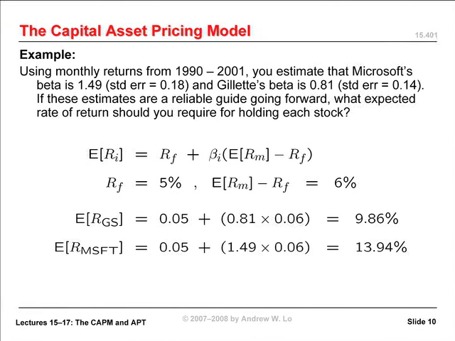And if historically the risk premium, as I told you last time, is about 6%, then when you do the calculations using the security market line, you get a very sharp answer to the question, what are the appropriate discount rates or costs of capital for these two companies? The answer, for Gillette, it's about 9.86%. For Microsoft, 13.94%.